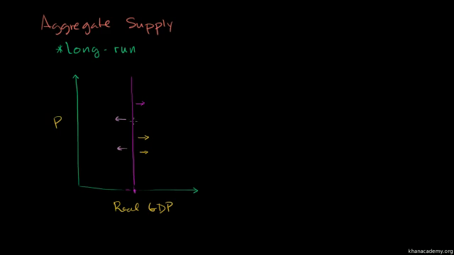So I'm going to leave you there, and it might not seem intuitive at first, because you're saying, wait, if prices were to change dramatically, if all of a sudden everything in the economy got twice as expensive, that would have some impact on people's minds, and they would behave differently and all the rest. And that might affect how much they can produce. And we did think a little bit about that when we thought about aggregate demand. But when we think about aggregate supply, we're just thinking about their capability to produce.